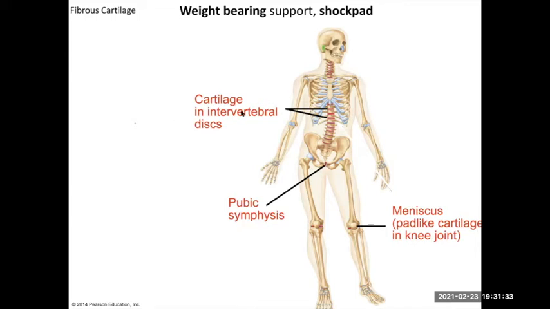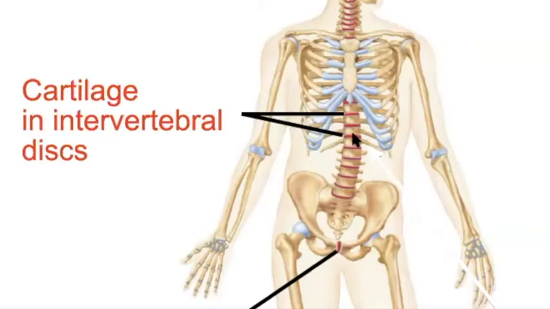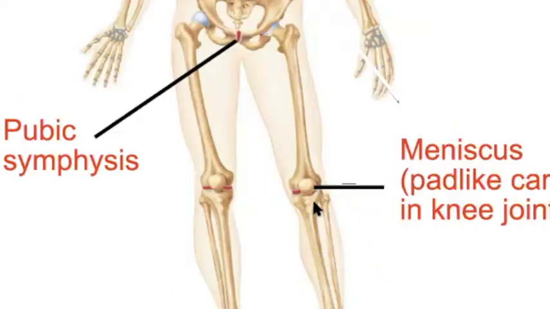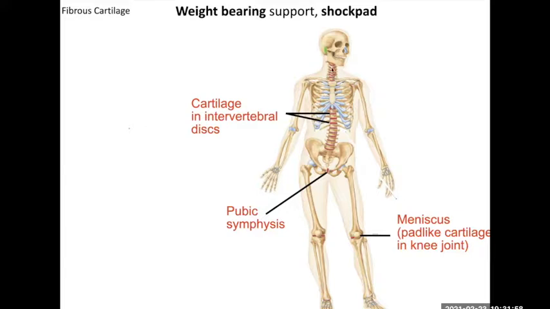That's kind of a mixture between dense, regular connective tissue forming tendons and ligaments, and cartilage.